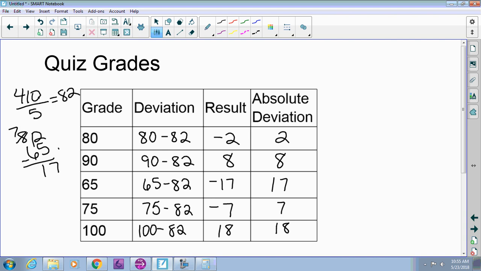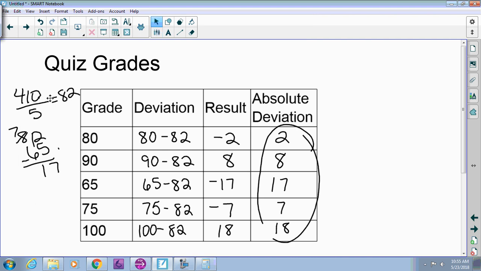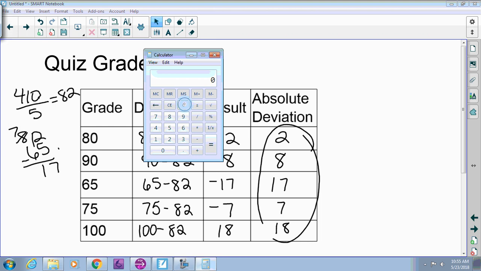So our next step is to find the mean of those numbers. Whenever you're finding the mean, you need to add up your numbers. 2 plus 8, obviously we know that's 10, plus another 17, plus 7, plus 18 equals a total of 52.